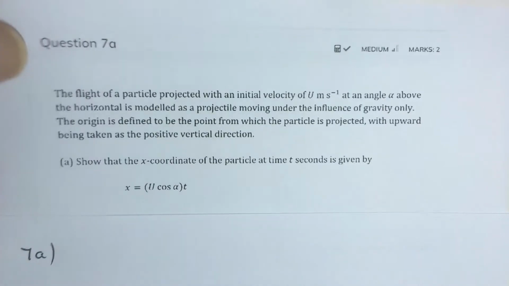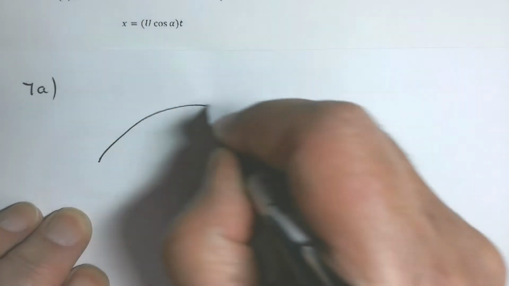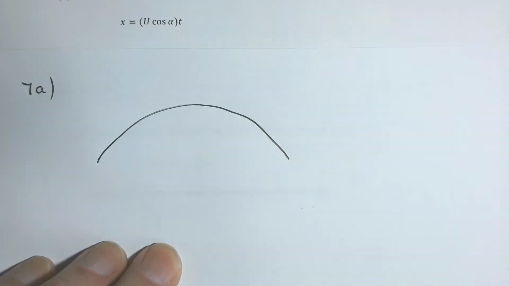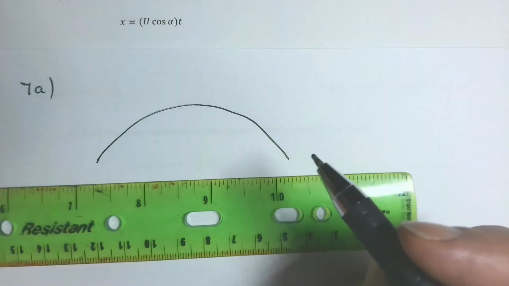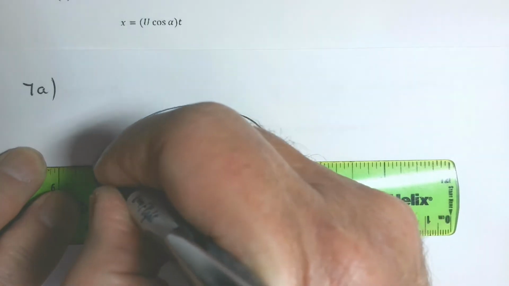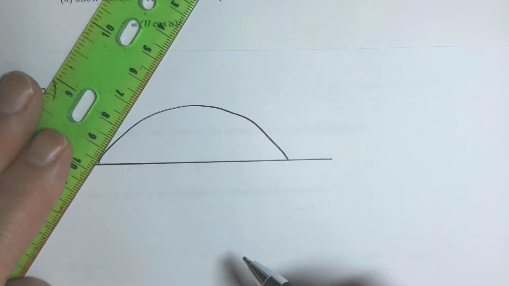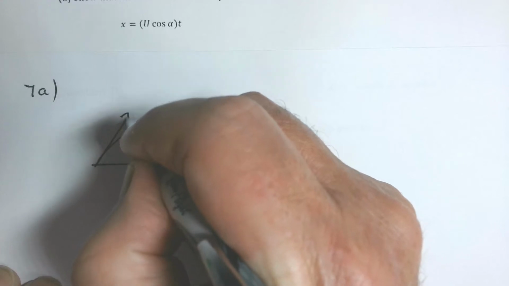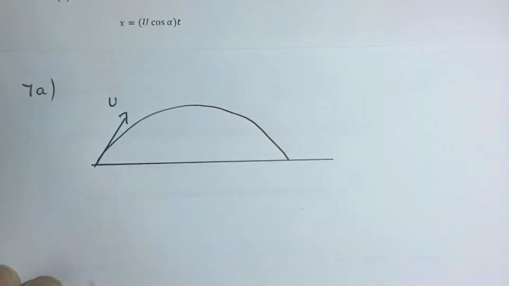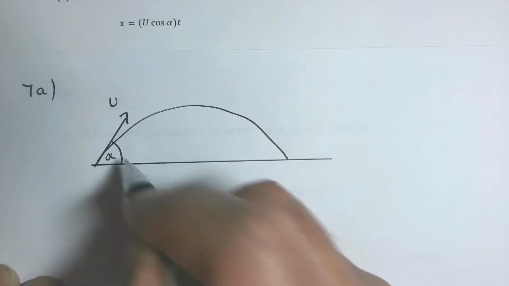So let me just move the paper up so that we've got everything on the screen. What have we got? We've got a projectile, there's a horizontal, and it has an initial velocity u that makes an angle of alpha with the horizontal.